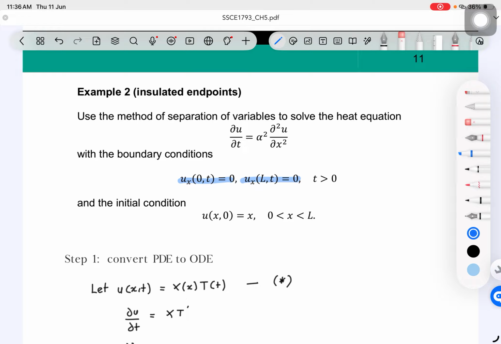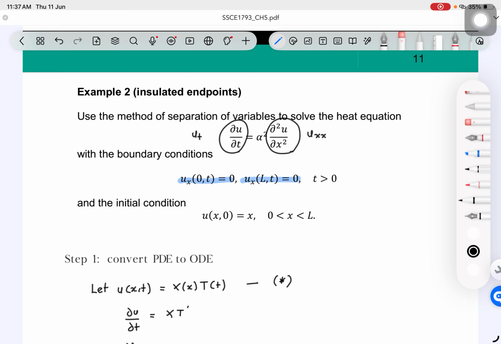Okay, so let's discuss this one. The given equation is ∂u/∂t equal to alpha squared ∂²u/∂x². So this is your u_t, and this one is your u_xx.